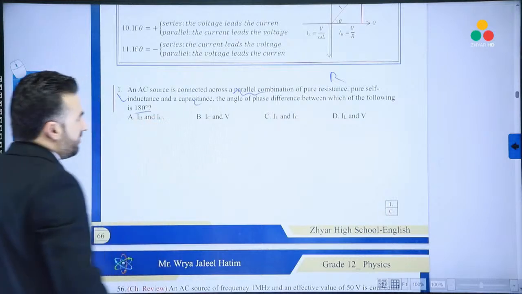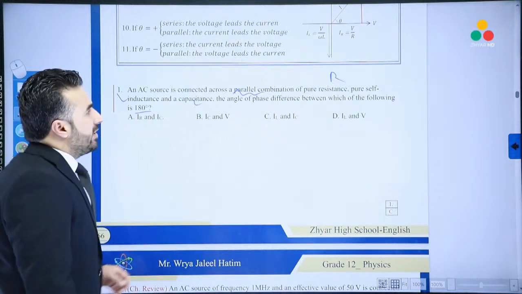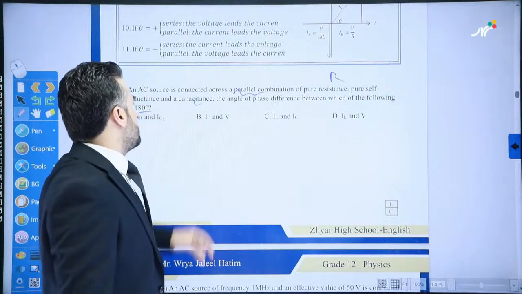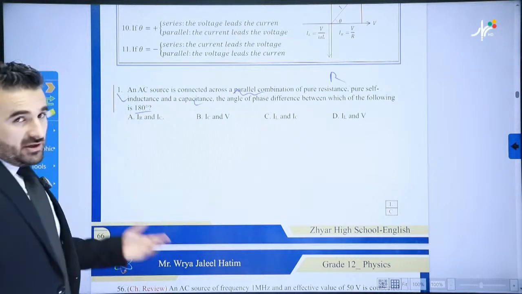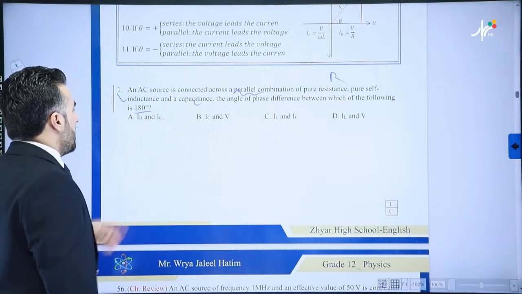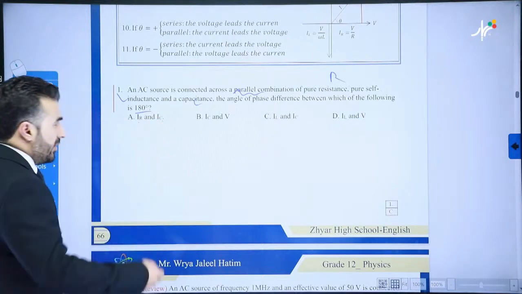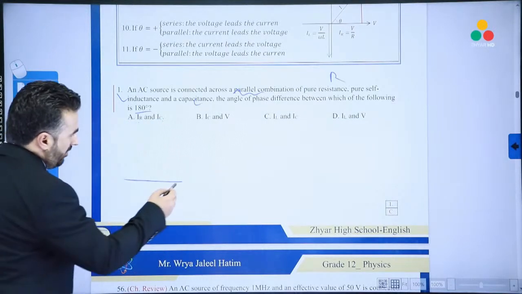So between which one of these is 180? Is it between R and L? Is it between R and C? Is it between L and C? And of course, since we're talking about the current here, is it R and C? The answer is no. Let me redraw this one for you just so that you remember this.